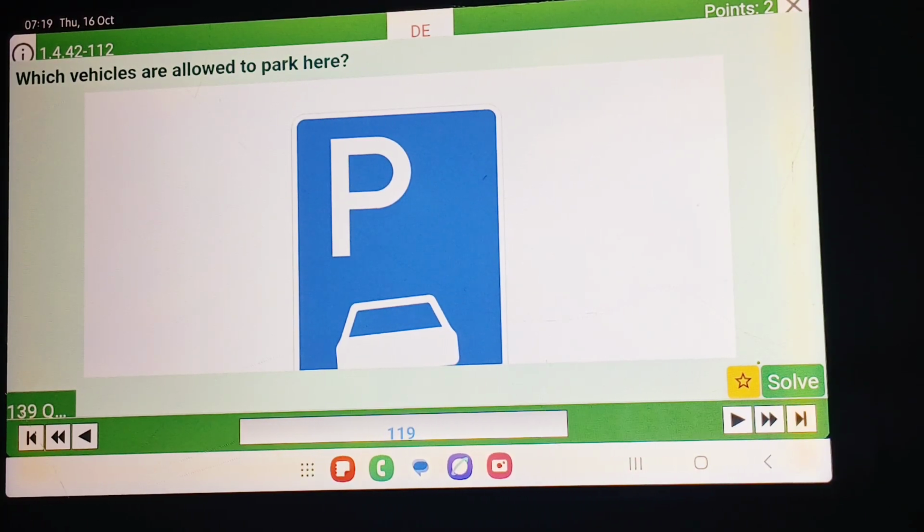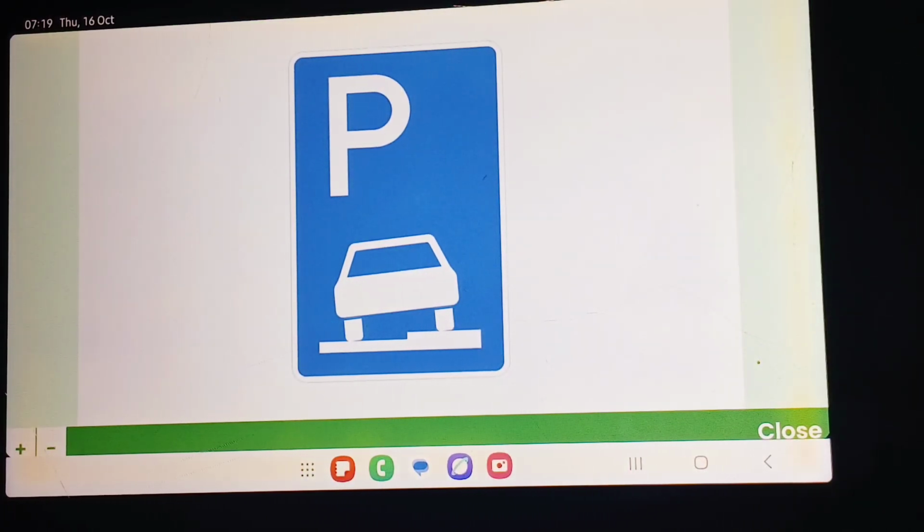Which vehicles are allowed to be parked here? Now, this is a parking area also. You can only park here if your vehicle has a total mass of 2.8 tons. That means you can put one tire on the road and one tire on the footpath.